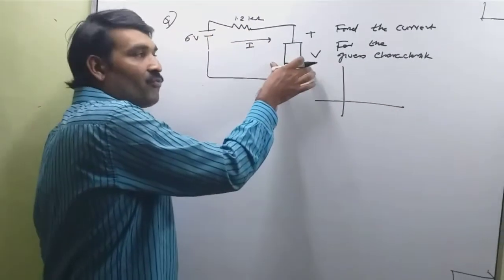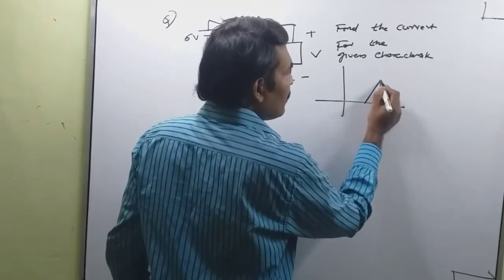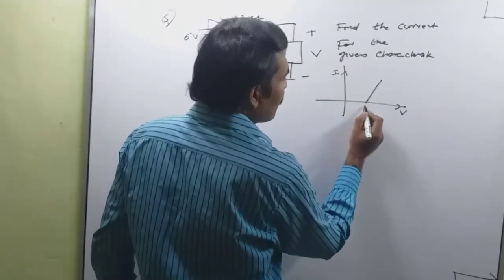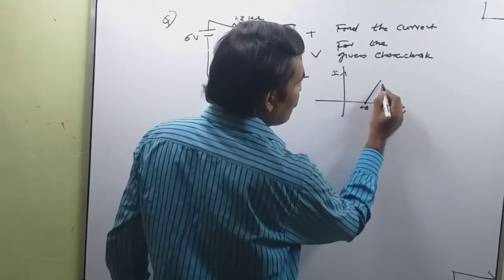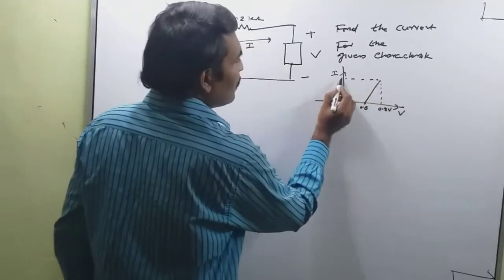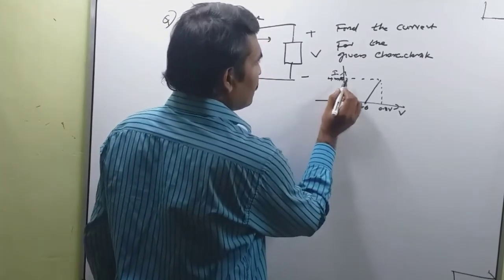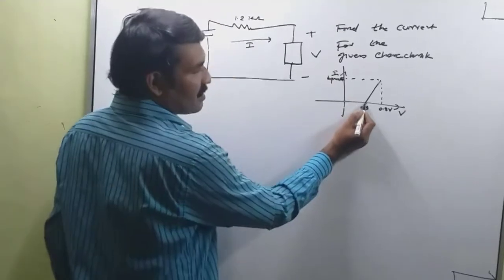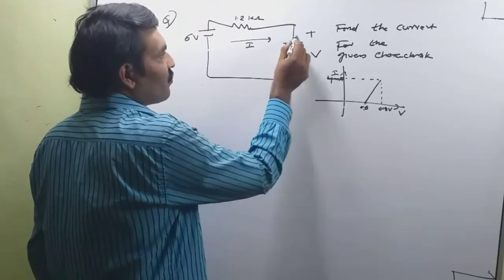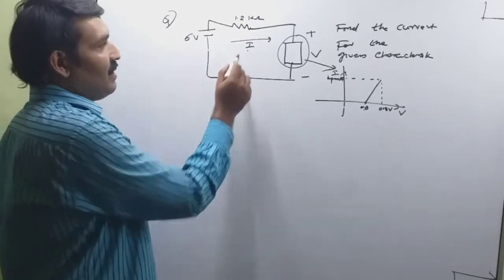The characteristics of voltage and current across this element are given. This is V and I. The voltage at this point is 0.6 volt and at this point 0.8 volt. This current is given as 4 milliampere. This is the VI characteristic of this element. Now we want to find the current I.